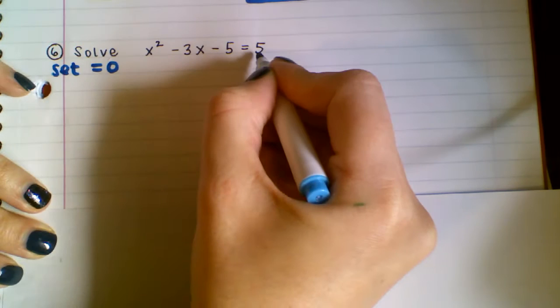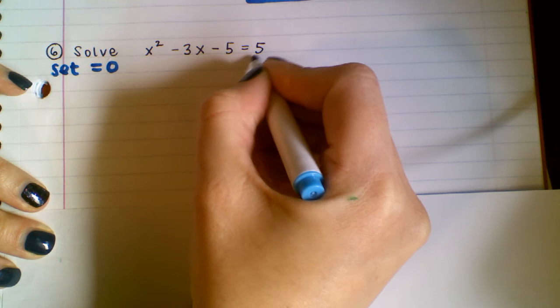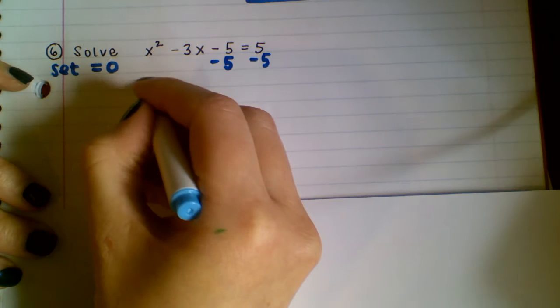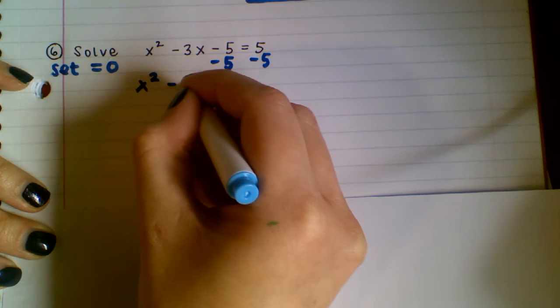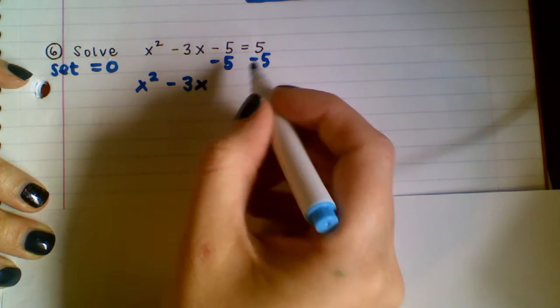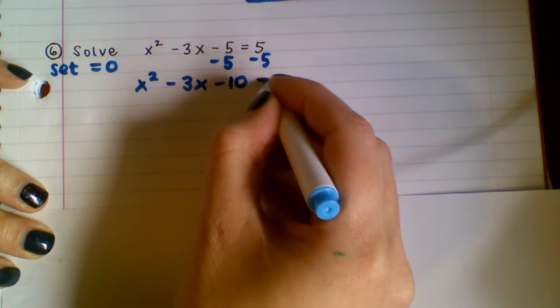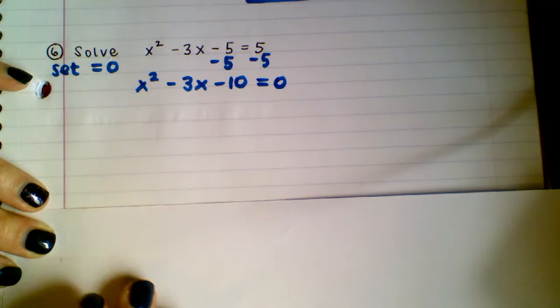Your first step is going to have to be to set the equation equal to 0. And in order to make this equal to 0, I just subtract 5 from both sides. X squared minus 3x minus 10, because -5 minus 5 is -10, equals 0.